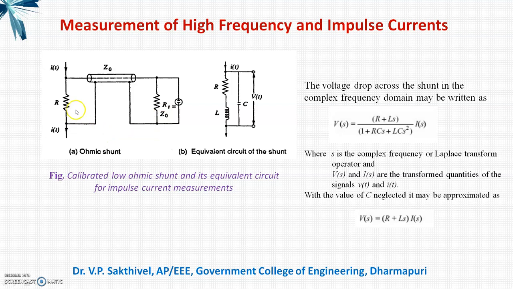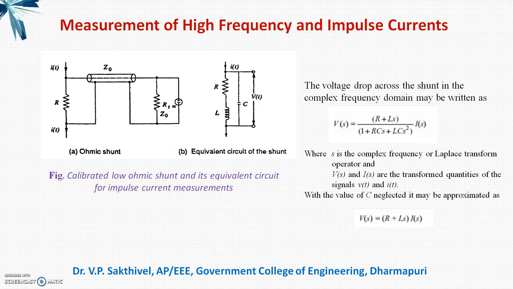That is, the voltage drop across the resistance is passed to the CRO through the coaxial cable. Then the cable at the oscilloscope end is terminated by a resistance RT equal to Z0. The cable is terminated by a resistance to avoid reflection.